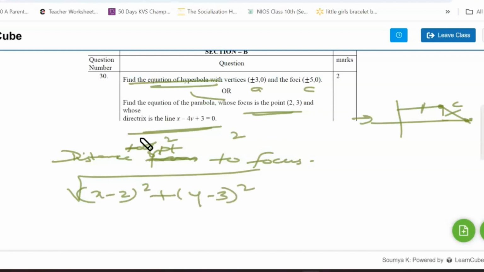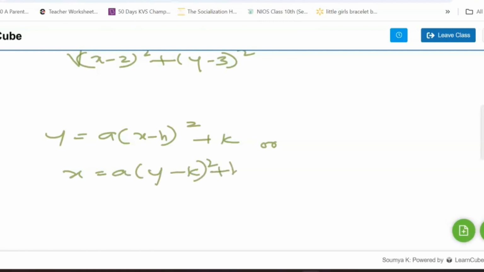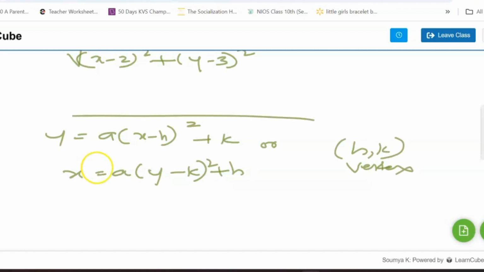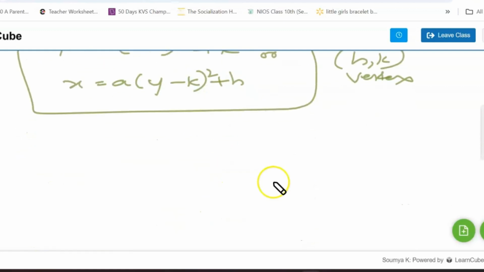In this case, the equation of a parabola is given by usually y is equal to a of x minus h the whole square plus k, or x equal to a of y minus k the whole square plus h. In this case, h and k are known as the vertex. Okay, so this is the basic equation of a parabola, and this is the distance formula that we are using, and that same distance from the point to the directrix will also be the same.